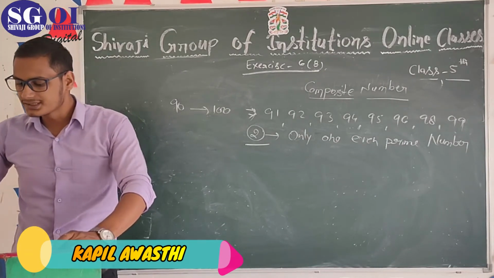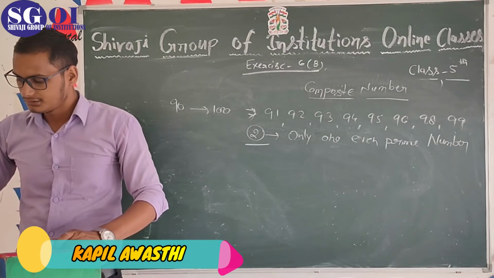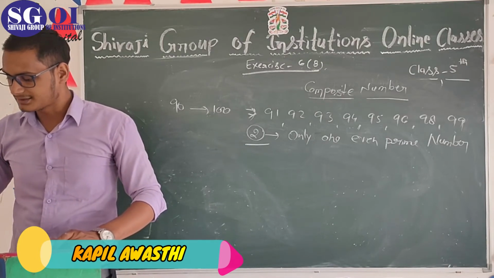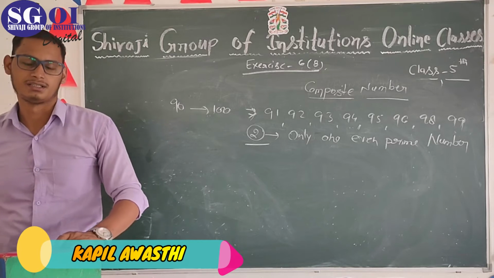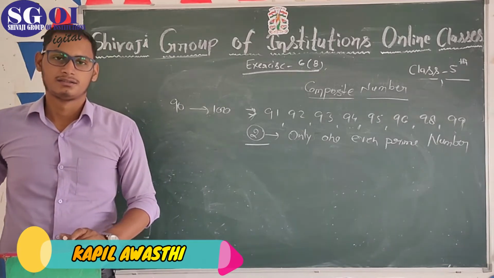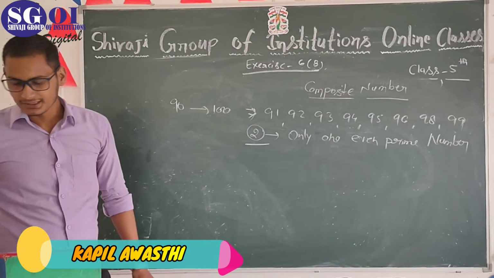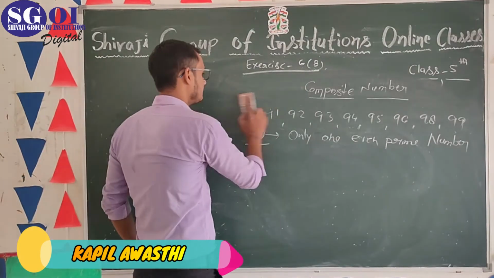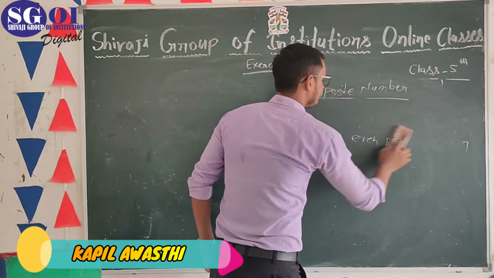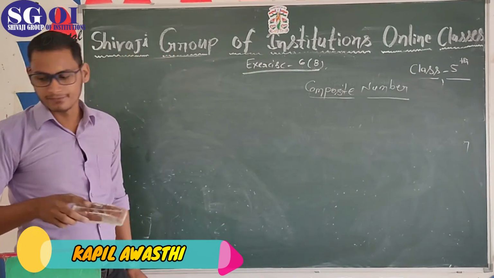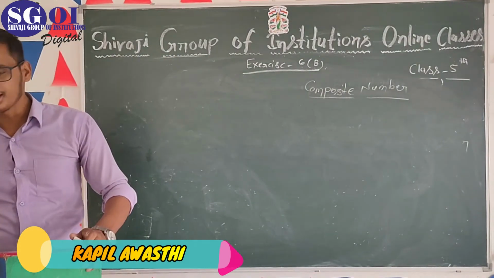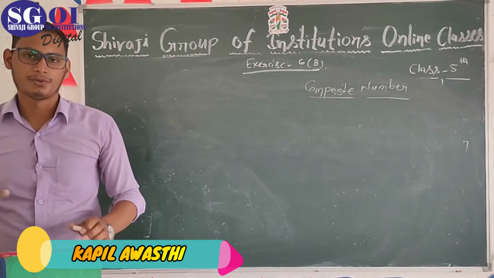Can a composite number be odd? If yes, write the smallest odd composite number. Yes, an odd number can be a composite number.